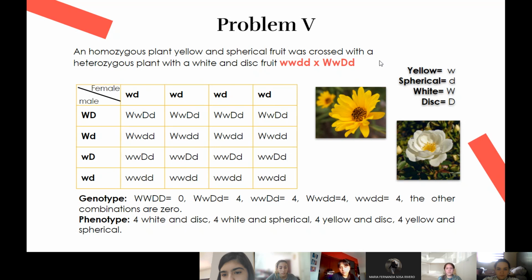Then I passed to the second part of this dihybrid cross, which was also the first letter with the third one, the first letter with the fourth one, and the second letter with the third, and the second letter with the fourth, as shown here. The results were 4 types of different plants.